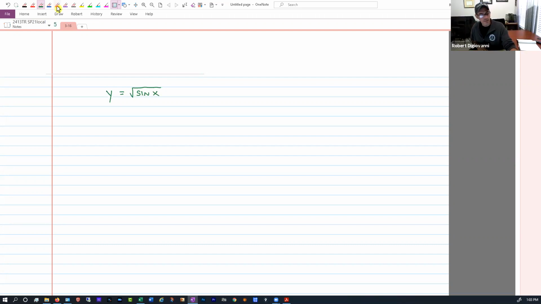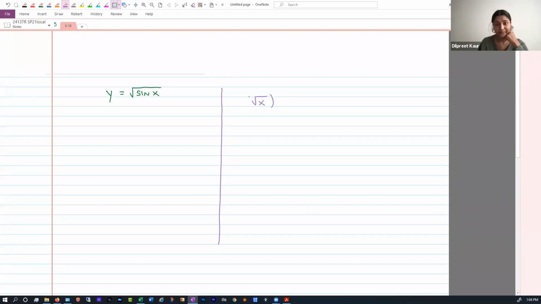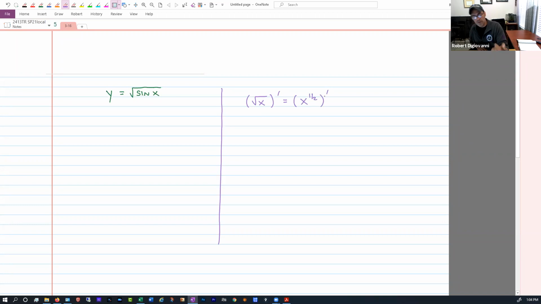Where did I make a mistake? You didn't. So here's the thing. When it comes to the square root of x, if you want to take its derivative, one thing you could do is change it to the 1/2 power. Then when you take the derivative, the 1/2 comes down, and you have x to the negative 1/2. You agree with that?